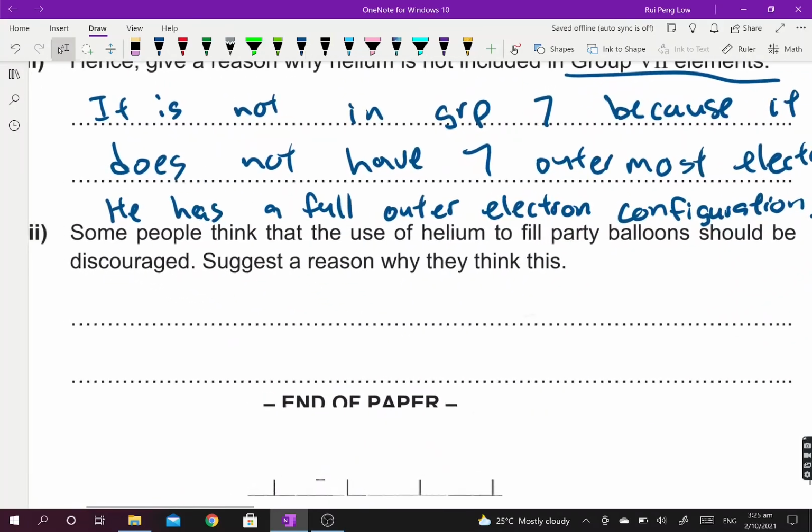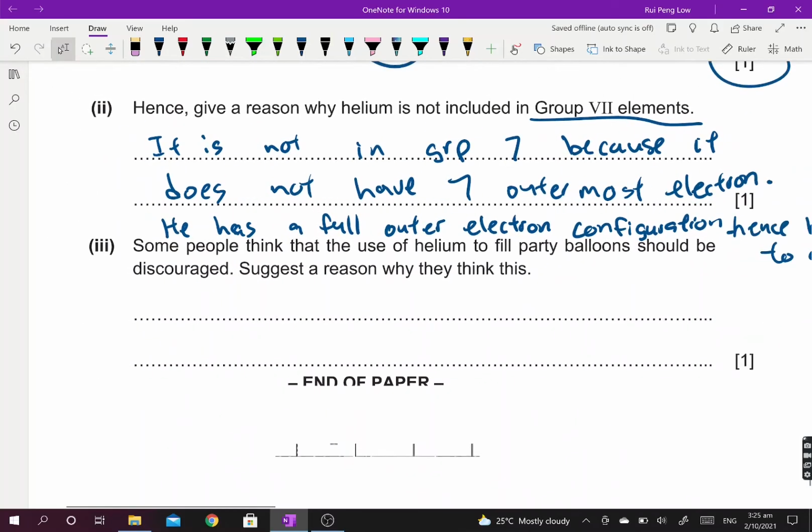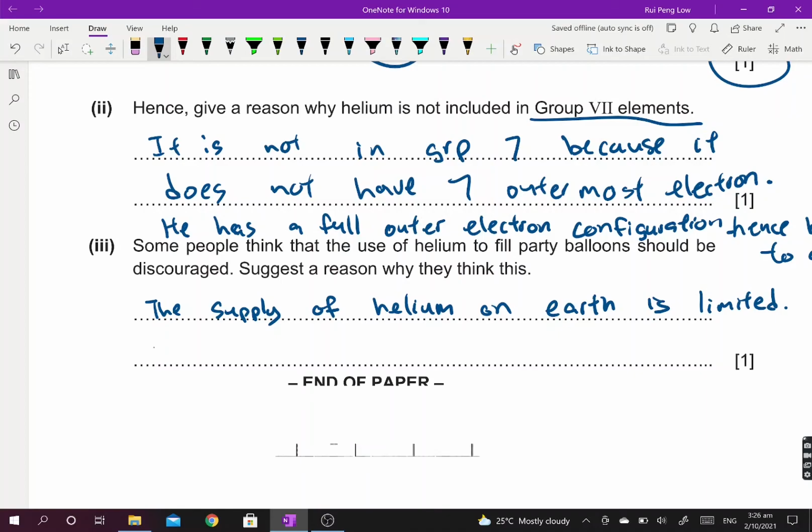So one of the reasons is because the supply of helium on Earth is limited. Okay. Our air does not contain helium.